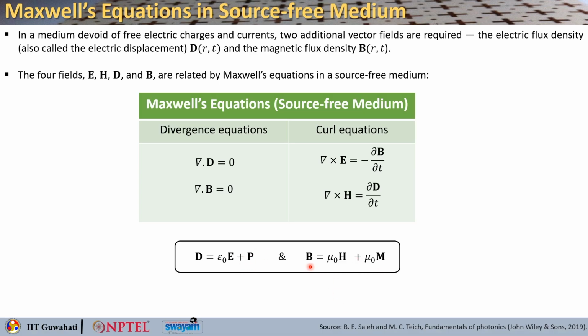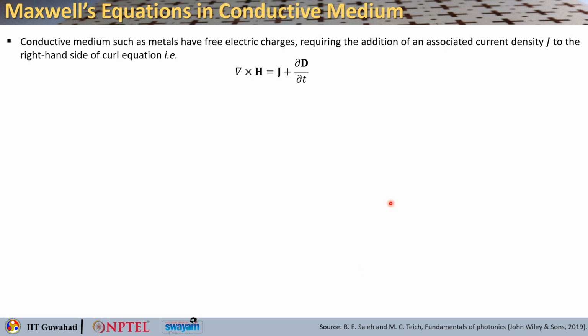Similarly, for the magnetic flux density, this is for free space, but then you have an additional term, magnetization, coming into the picture for the medium. Now, if you want to see how the equations work for a conductive medium such as metal, which has a lot of free electric charges, they are free to roam.